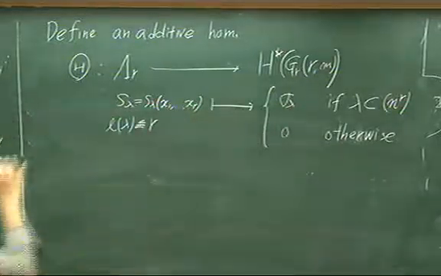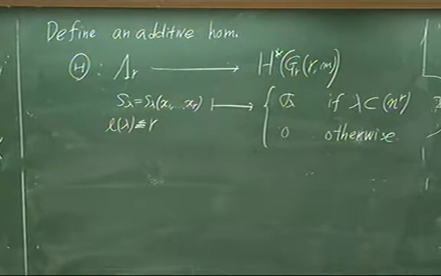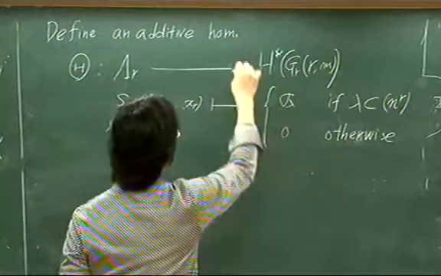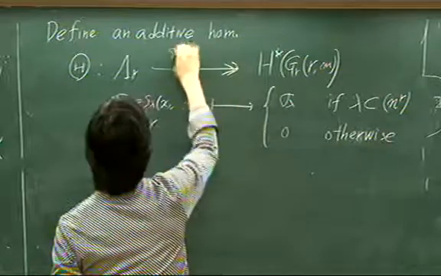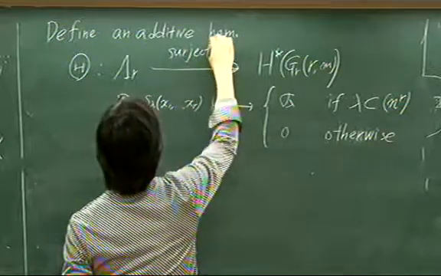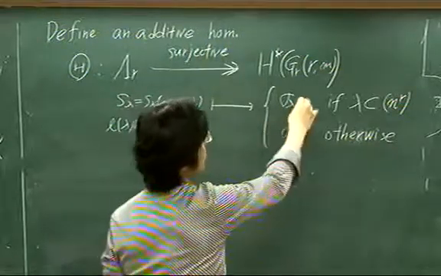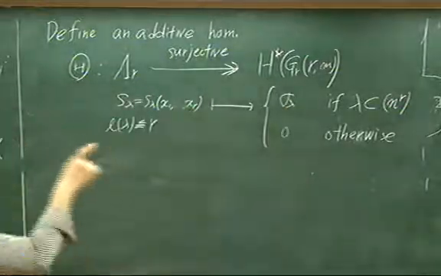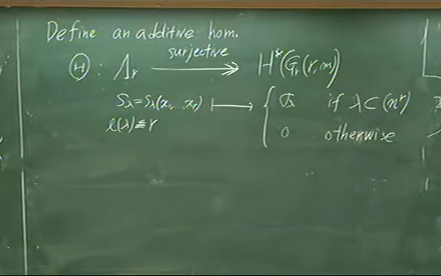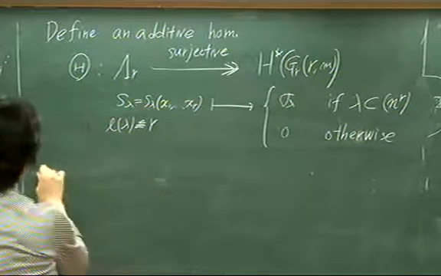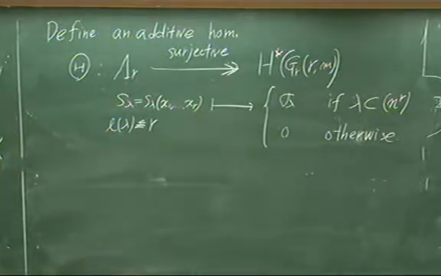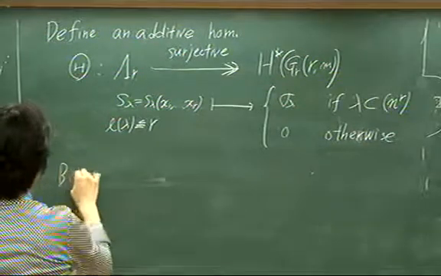At present, it is an additive homomorphism, and of course surjective, since the Schubert classes are a basis of the cohomology. So we obtain an additive surjective homomorphism.